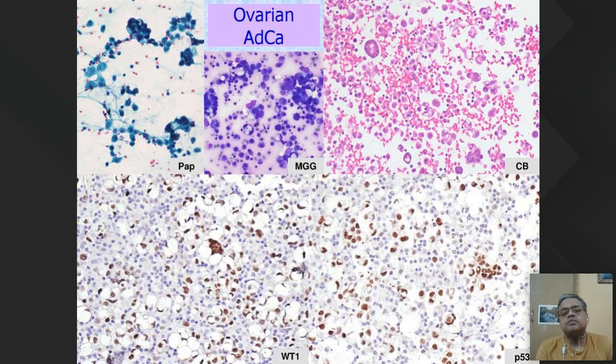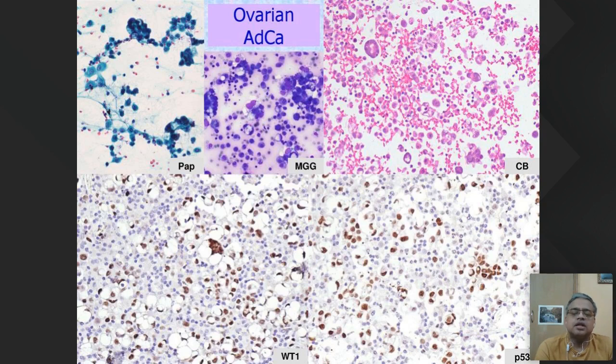So please remember to note some of the finer details of morphology of carcinoma versus morphology of mesothelial cells. Mesothelial cells can also come in clusters. Carcinoma can also come in clusters, but carcinoma will have a gland-like pattern, just like histology.